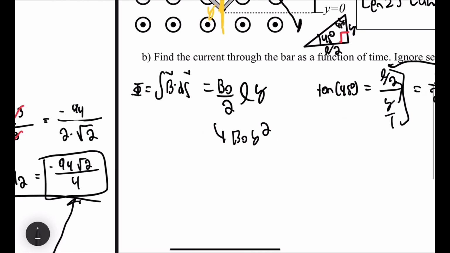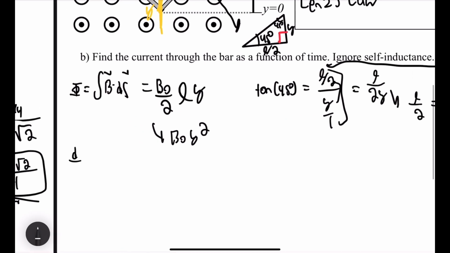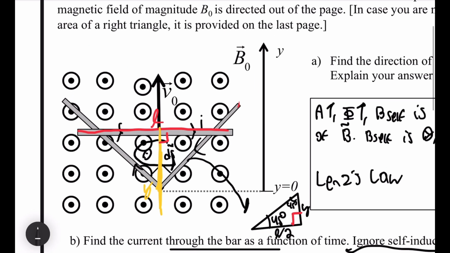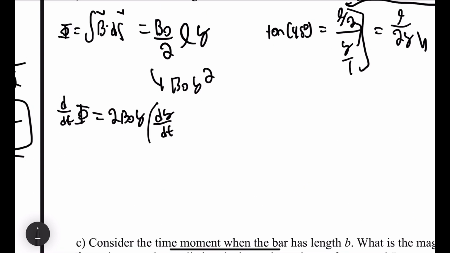Now I need to take the time derivative. So d dt of the flux is going to be the power rule, so 2 B naught y times the chain rule, so it's going to be dy dt, because we're taking it with respect to time. And dy dt, the velocity is going up, and y is also moving up, so this is positive v naught.